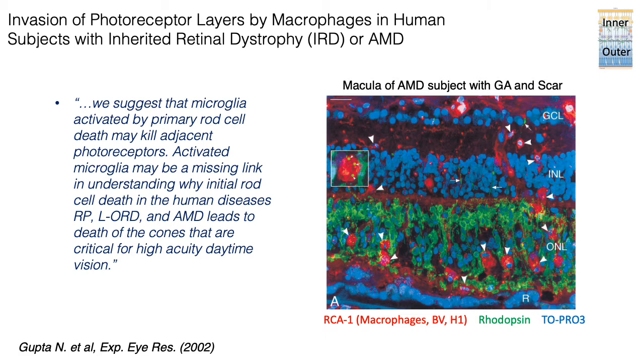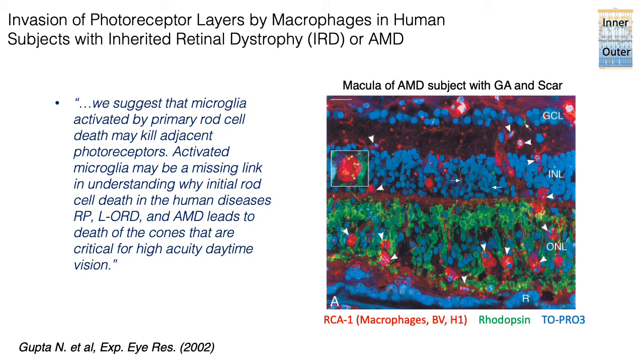Here's one specifically in 2002, looking at postmortem human eyes, either in retinitis pigmentosa, late onset retinal degeneration, as well as age-related macular degeneration. And in this specific figure, we're showing from the paper the macula of an AMD subject with geographic atrophy and a scar.